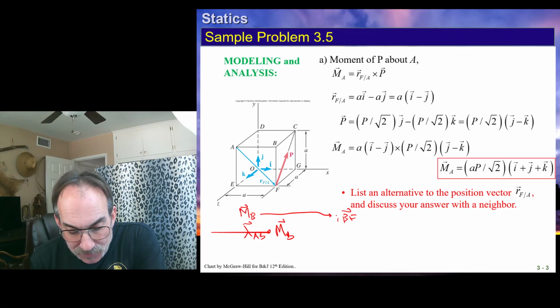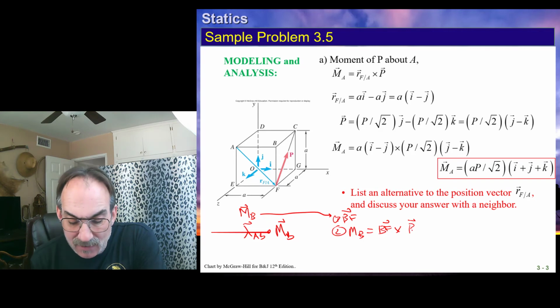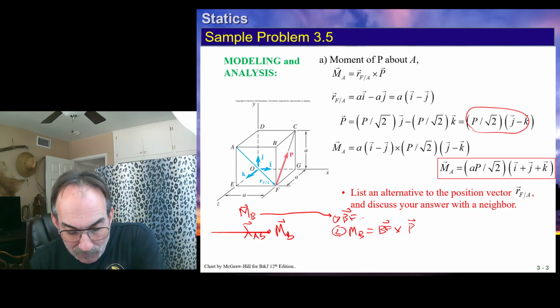That's your first step. Then you're going to calculate the moment of P about B, which is BF crossed with the vector P. We already have the vector P right here, and you're going to calculate what BF is. You can now calculate that moment.